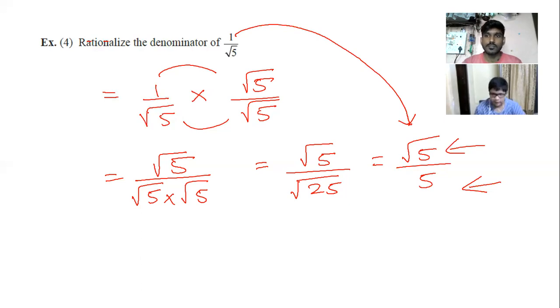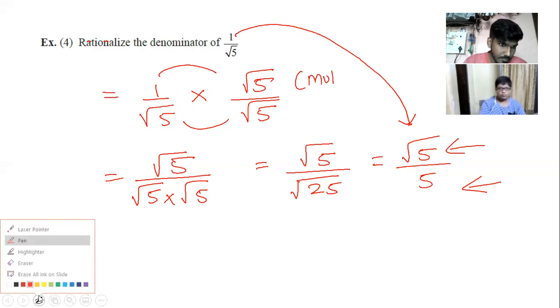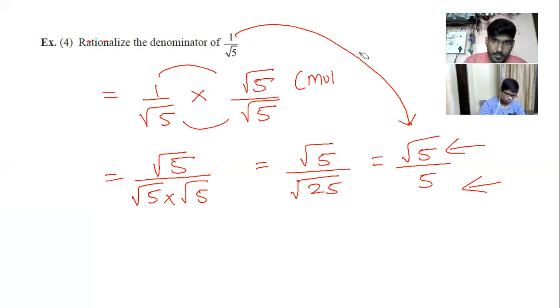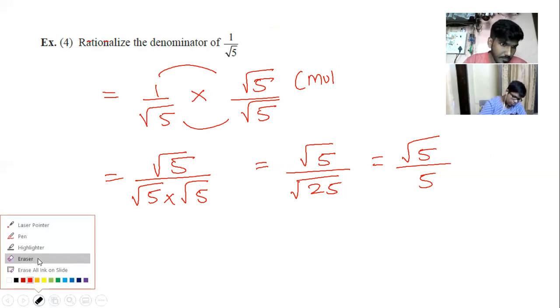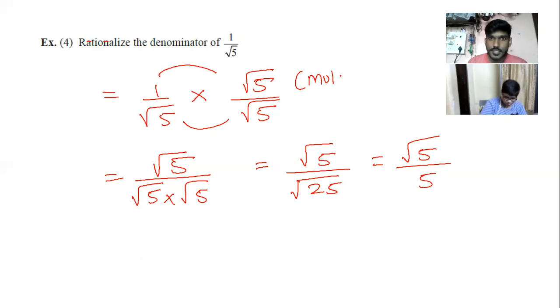Write down the sum, and at this step, write multiplying and dividing by root 5.